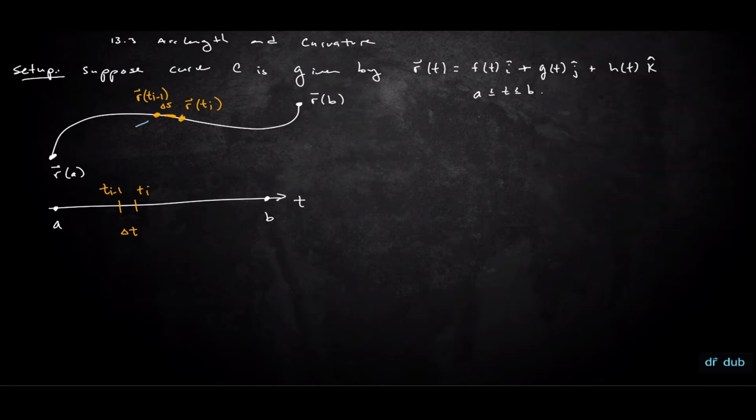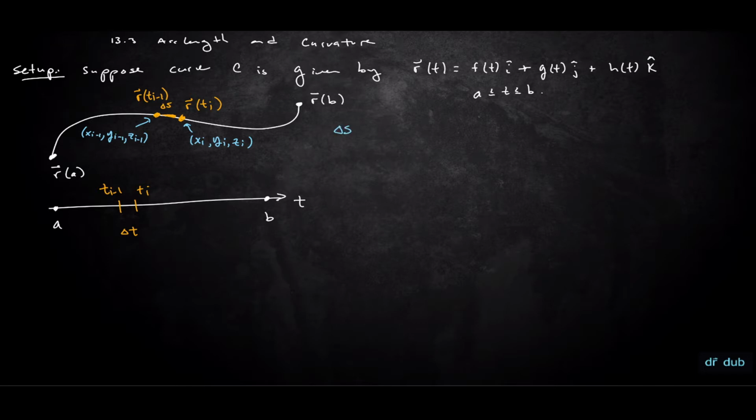And we'll call those points x i minus 1, y i minus 1, and z i minus 1. And then this point we'll call x i, y i, z i. So we want to find the little bit of arc length between those two points, so we can use the distance formula because it's approximately a straight line.